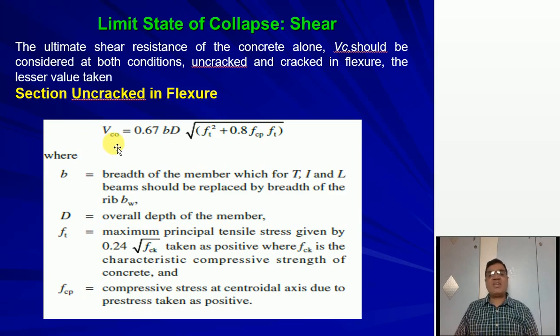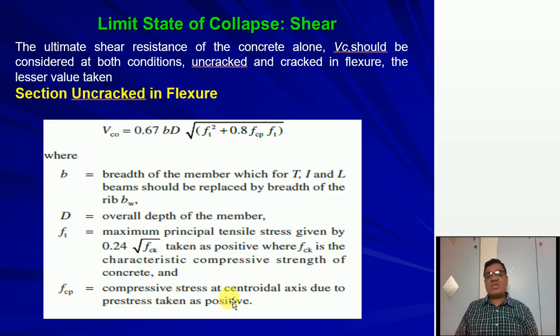This is the equation: VC0 is equal to 0.67 B D under root of FT square plus 0.8 FCP into FT. Here B is the width of the member, and in the case of an I section or T section it is the width of the web. D is the overall depth of the member, and FT is the maximum principal tensile stress, the value of which is given by 0.24 under root of FCK.